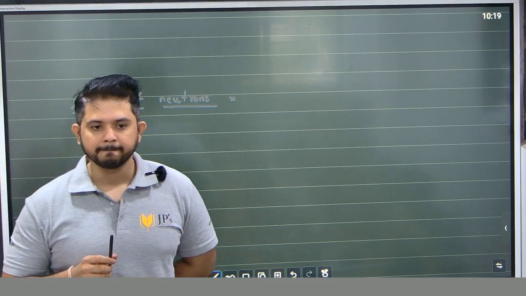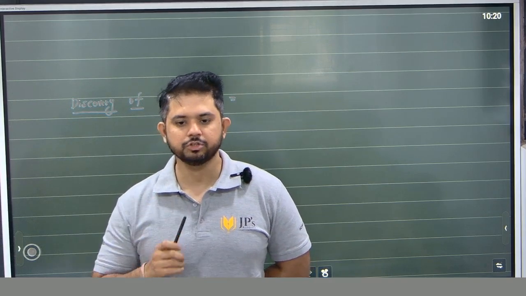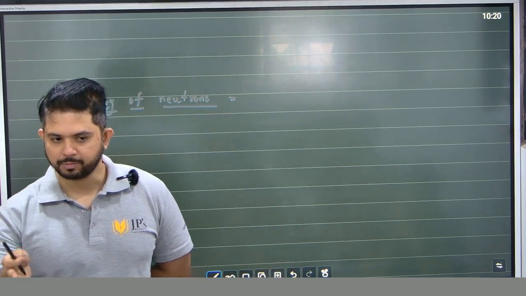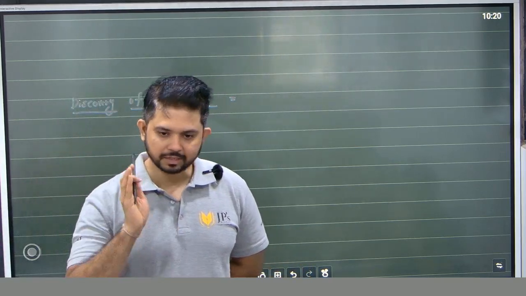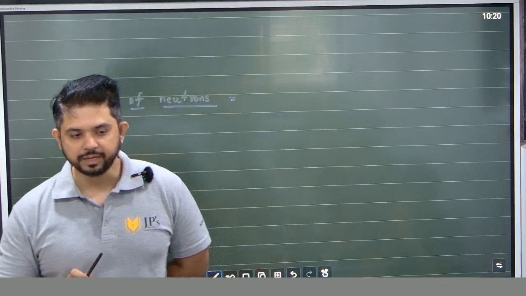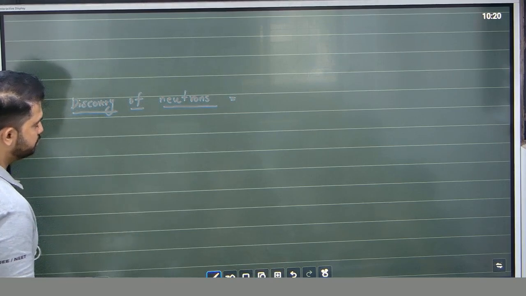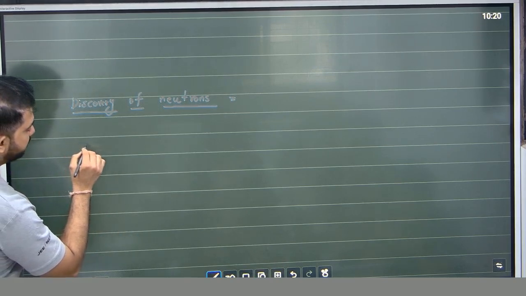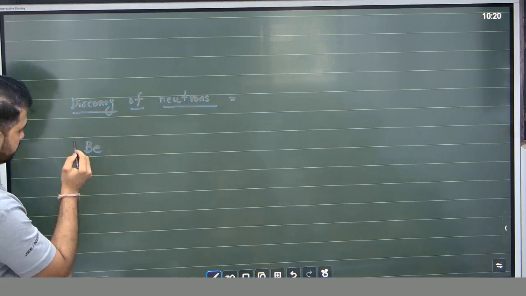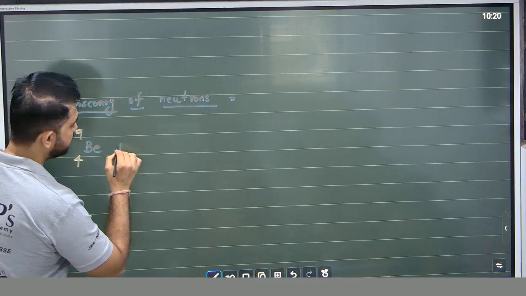Now, with the discovery of neutrons, there are two paths. There was a scientist called Rutherford. Rutherford said that we've discovered a positively charged particle and a negatively charged particle, so there has to be another particle which is neutral. And James Chadwick was doing an experiment, bombarding beryllium nuclei with alpha particles.